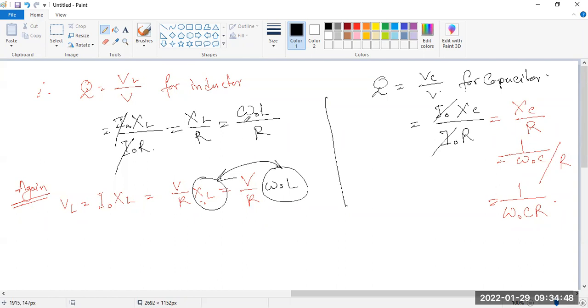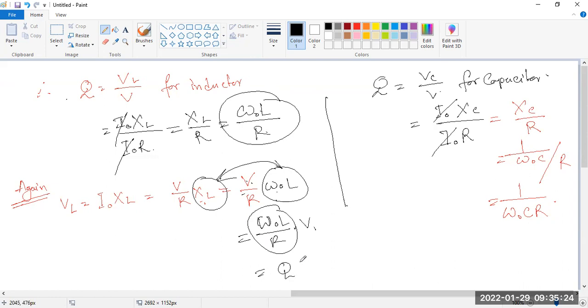We have seen Q equal to XL by R. So we can write omega naught L by R, and this V will be just this. So you can see this term is Q. So we can write this as Q into V, just as I have written before.